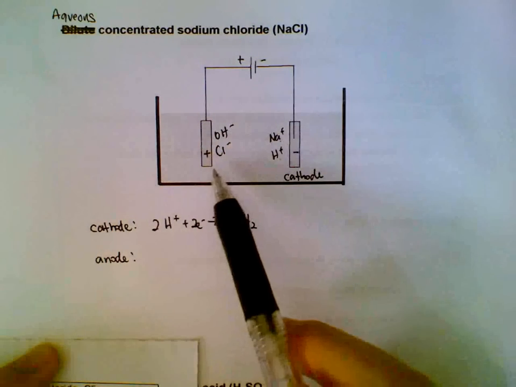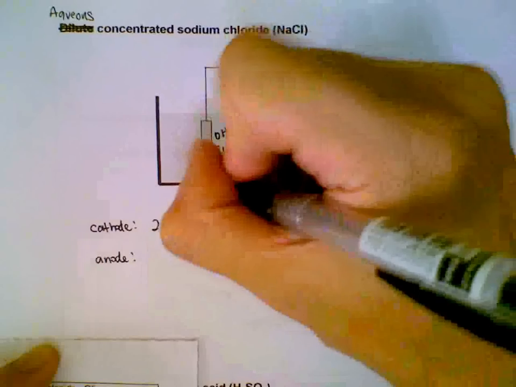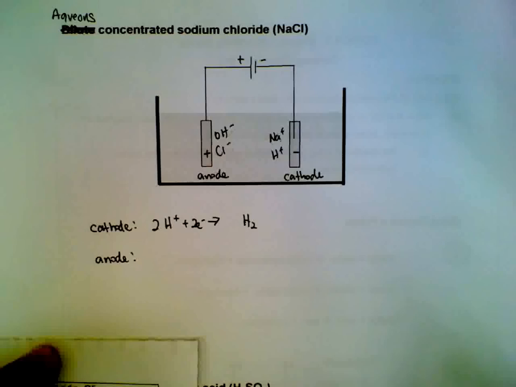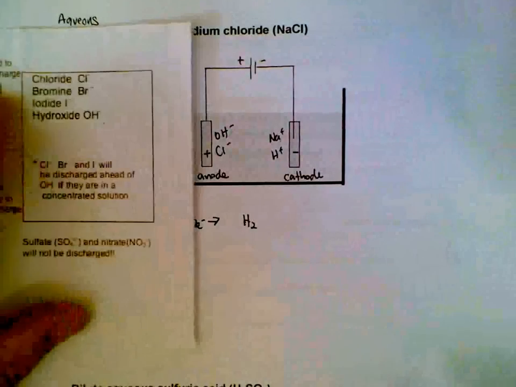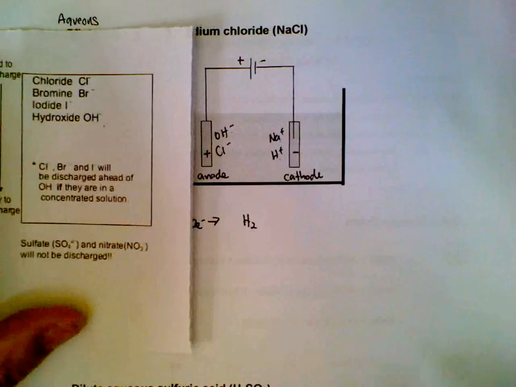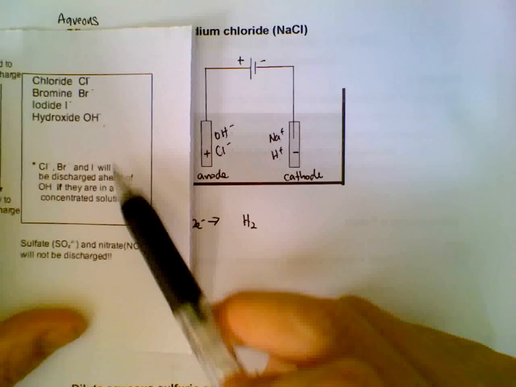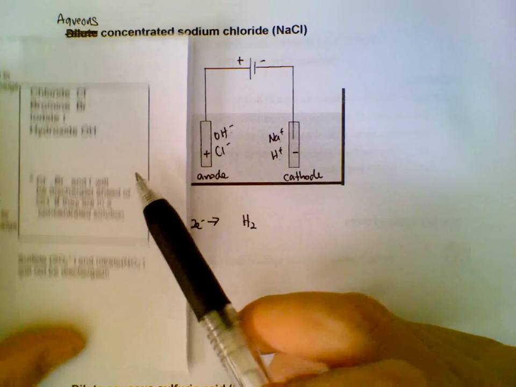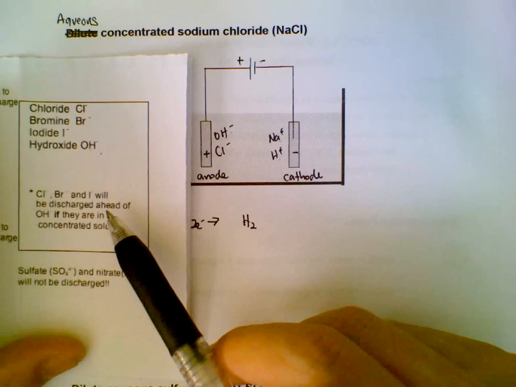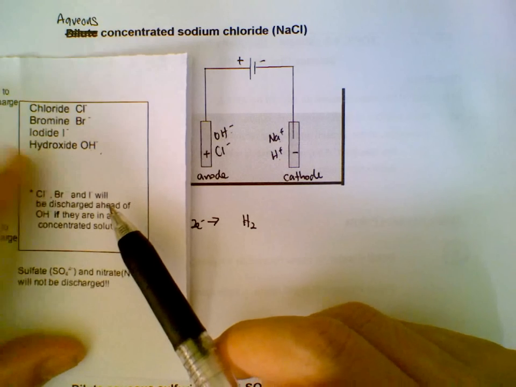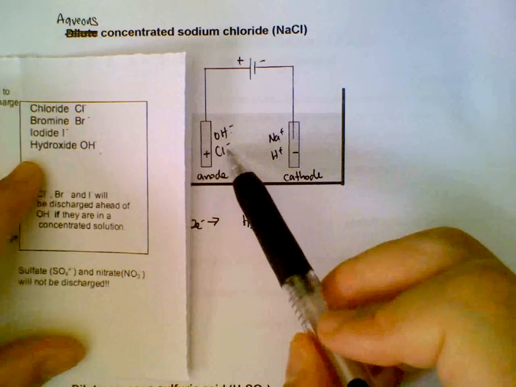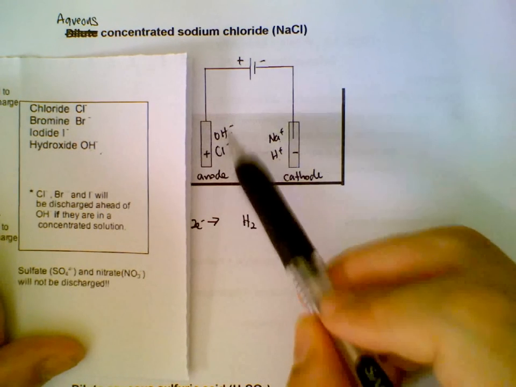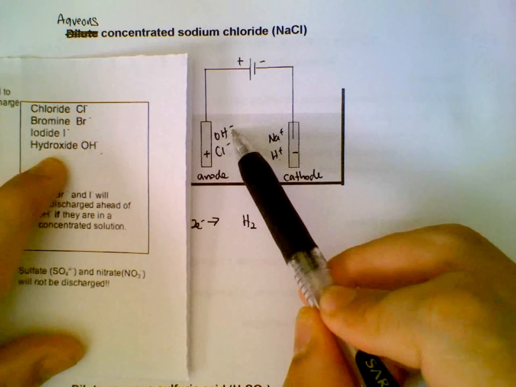It is at the anode that things are different. At the anode, we have competing ions of hydroxides and chlorides. And when we talk about the anode, we have to be careful whether it's concentrated or dilute, especially when halides are involved. When it's dilute, hydroxides will be discharged in preference.